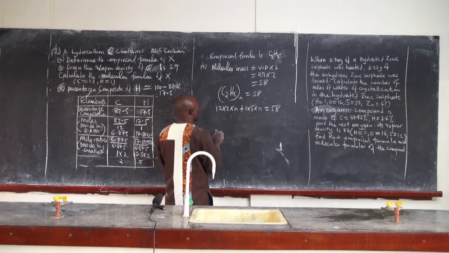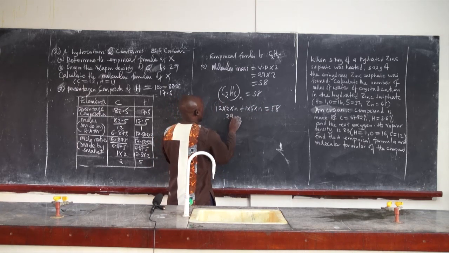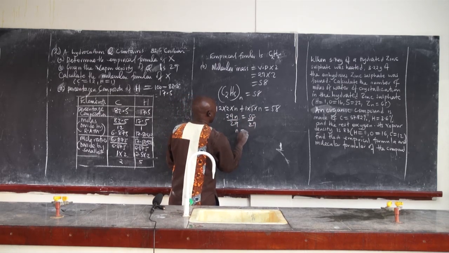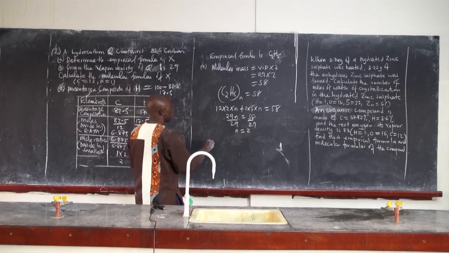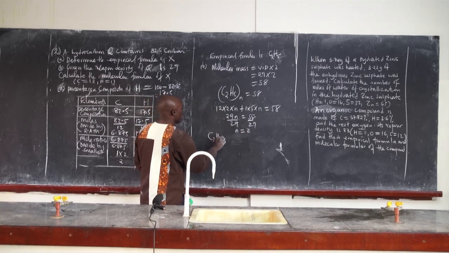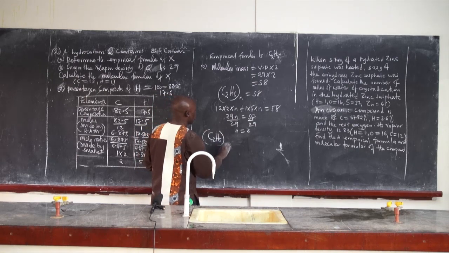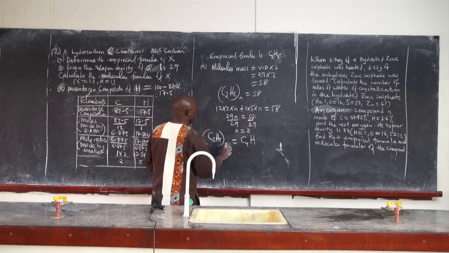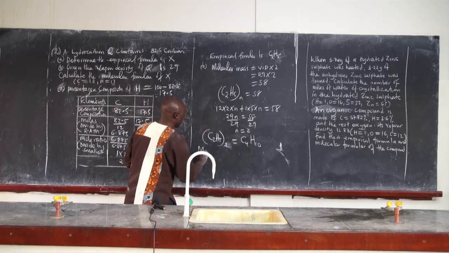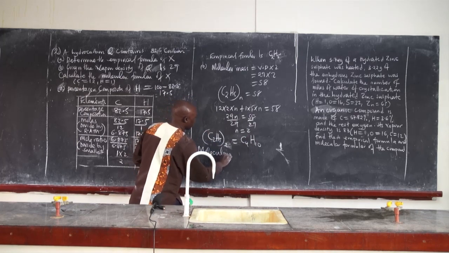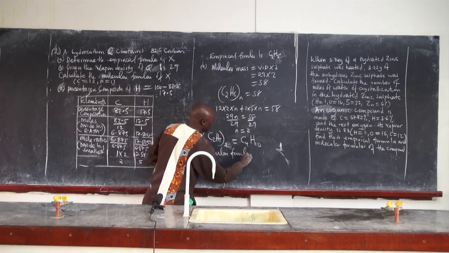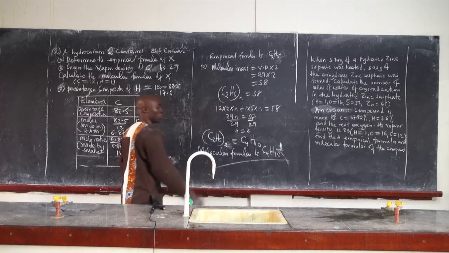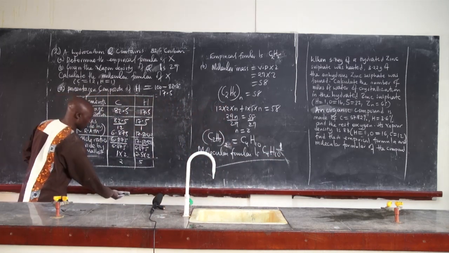So that's about 29n, and n is 58 out of 29, which is 2. So go back to the formula: C2H5 times 2 gives 2 times 2 is 4, 2 times 5 is 10. So the molecular formula is C4H10. So that's how you calculate the empirical formula and the molecular formula.